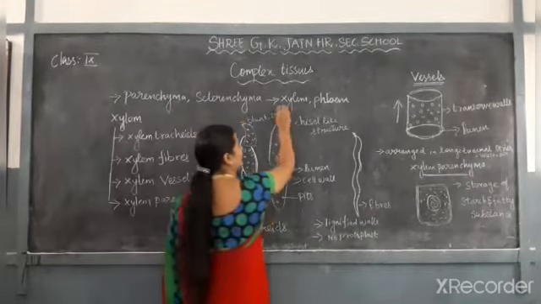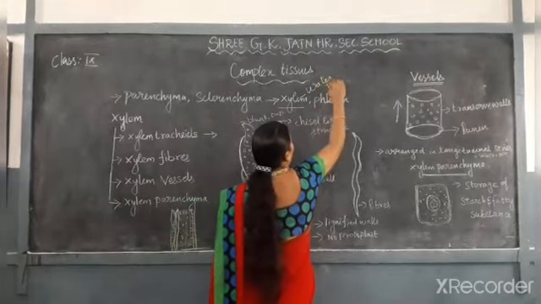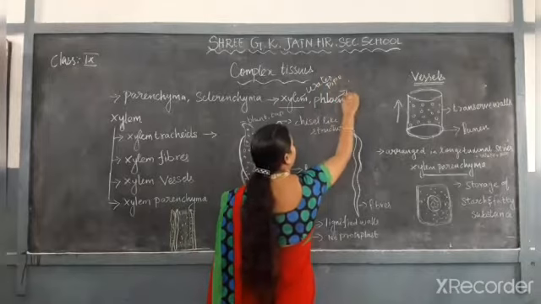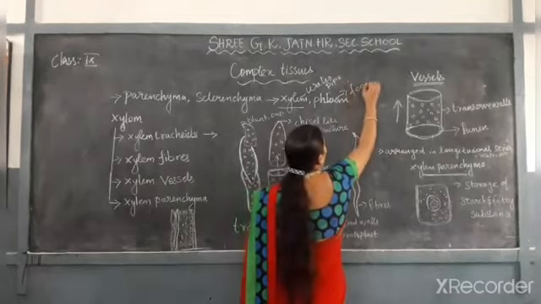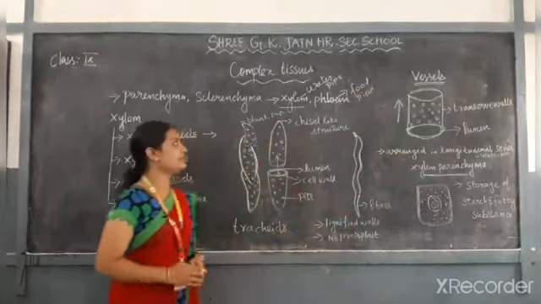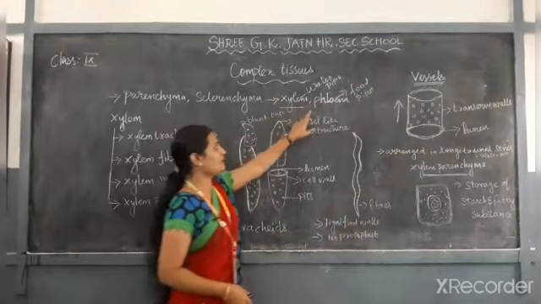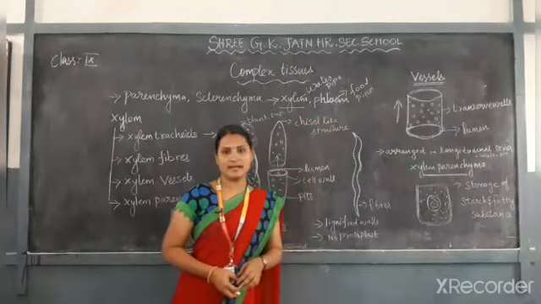Here the xylem is a water pipe and phloem is a food pipe of the plants. Xylem is the water pipe of the plant and phloem is the food pipe of the plants.